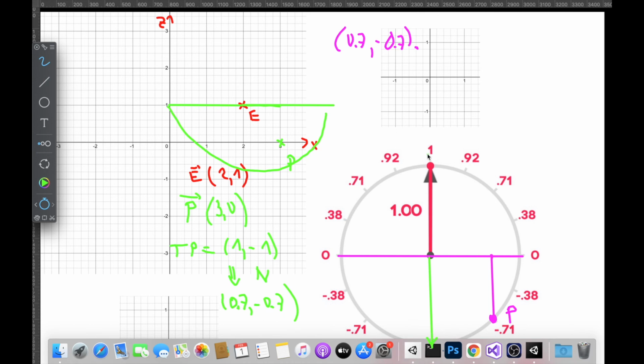On the X it is 0, but on the Z it is -1. So we are looking for the dot product of the normalized player position with the forward, in this case 0 and -1. So the dot product will be 0.7 multiplied by 0, which is 0, minus 0.7 multiplied by -1, which is 0.7.